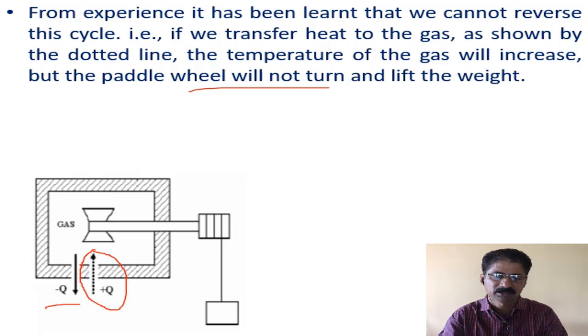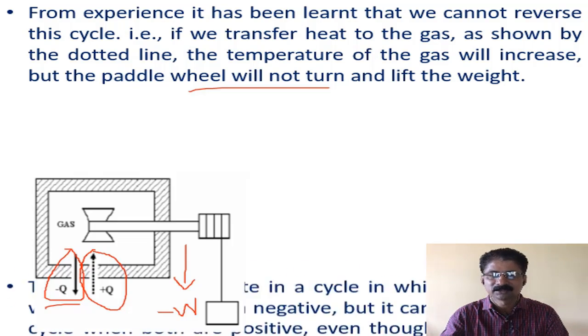You see, when you lowered the weight, negative work minus W is done on the system, and the temperature has increased, and you brought the system back to its initial state by removing the heat. So work transfer is negative and heat transfer is negative, and we are able to bring the system back to its initial state. Now here, when the heat is applied to the system, the weight is not raised.